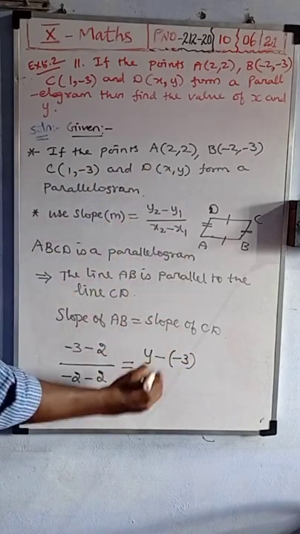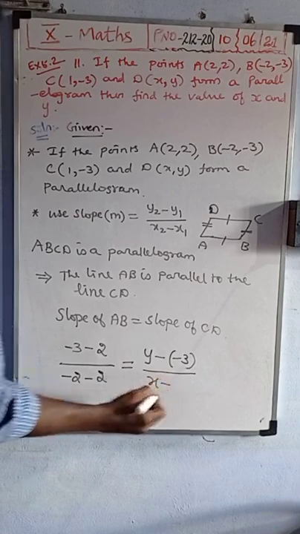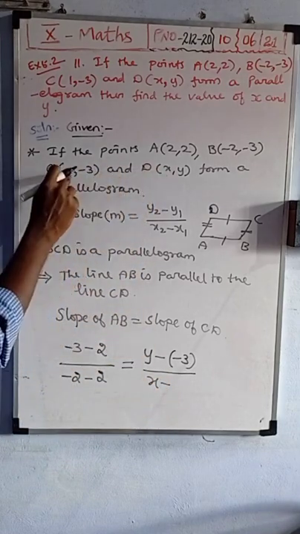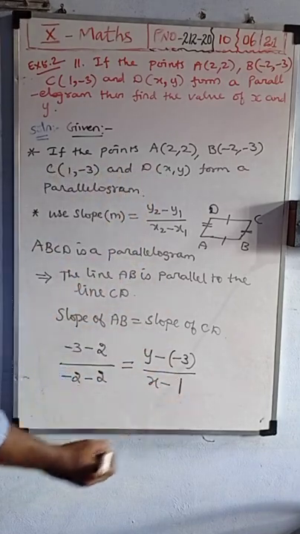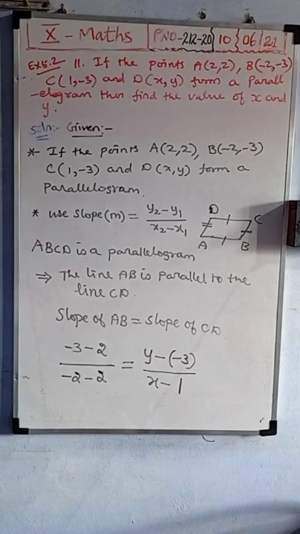Next, x2 value is x, so x minus x1, and x1 value is 1, so x minus 1. Now you simplify this.